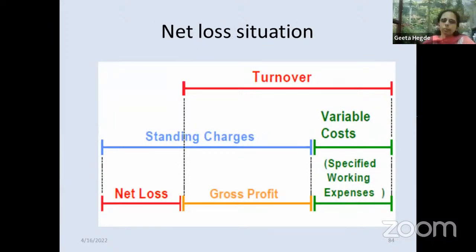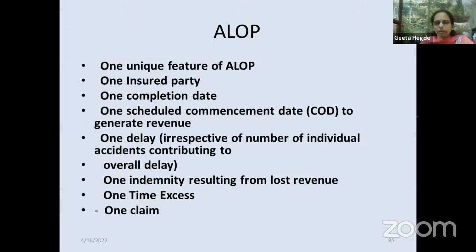Now the unique feature of ALOP is that there is only going to be one insured, one completion date, that is COD. Completion date is going to be only one, and delay, irrespective of the number of accidents, is going to be calculated only once, when the actual commencement date ultimately starts. Delay is not calculated again and again for many claims.